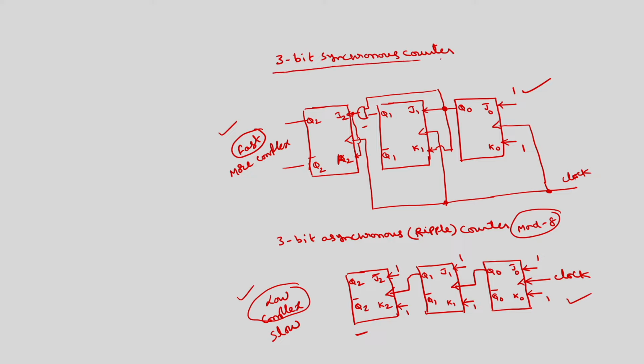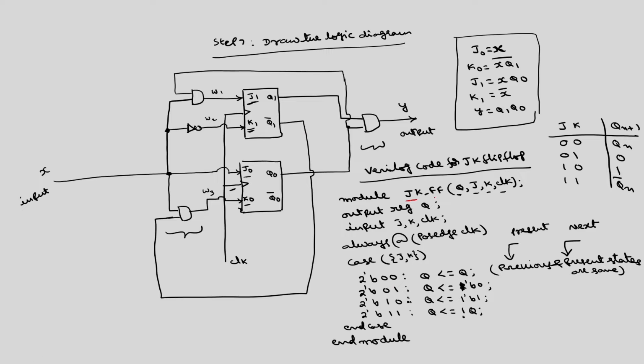Now, I can write the Verilog code corresponding to this 3-bit synchronous counter by instantiating the code of the JK flip flop thrice. We have written the JK flip flop as a module named JK underscore flip flop with Q, J, K, clock.